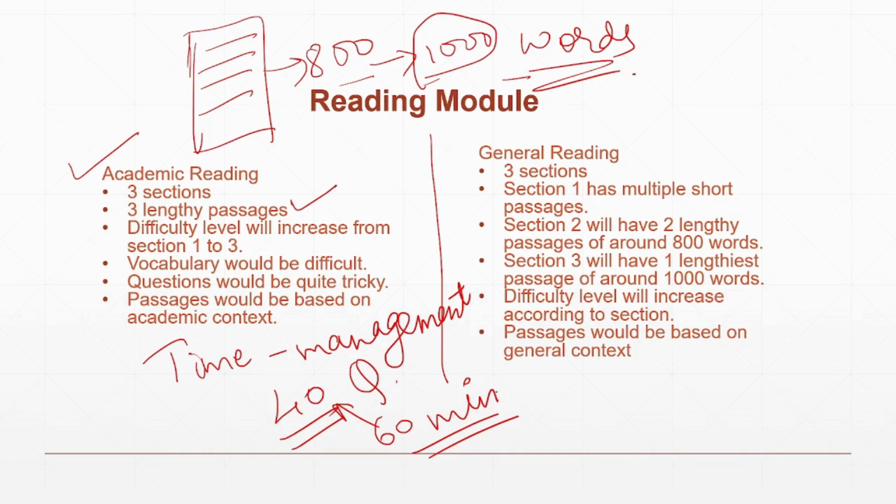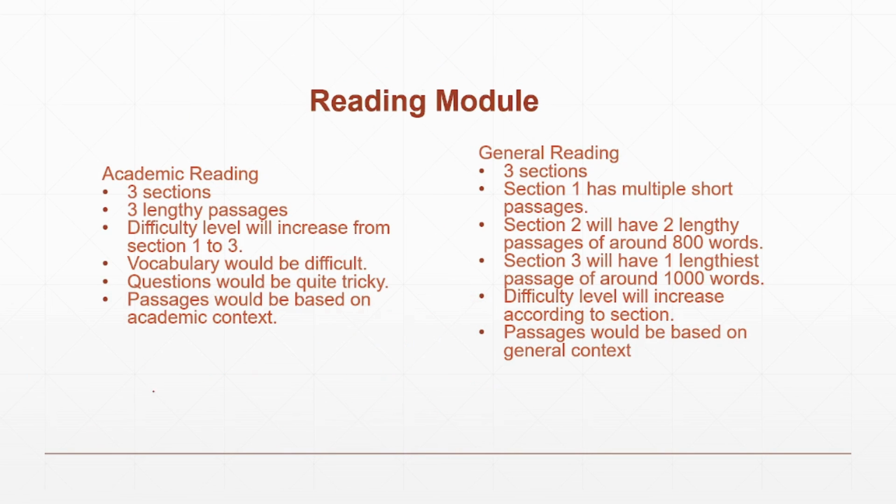You will have to cover 40 questions along with reading all the passages in detail within the given time. So the time is really very less and you cannot finish reading and answering if you don't understand it very fast.